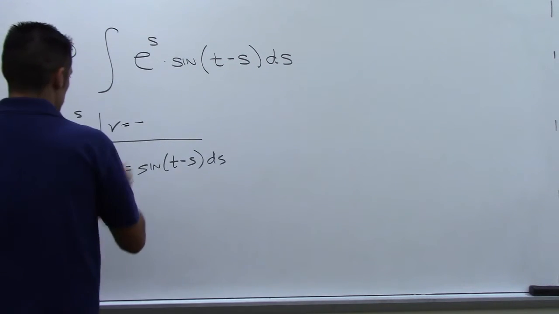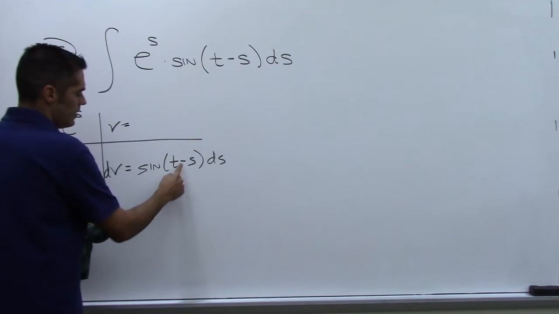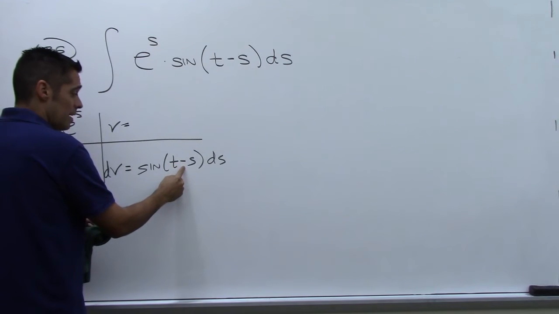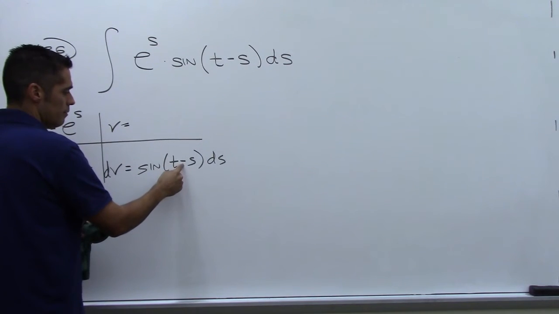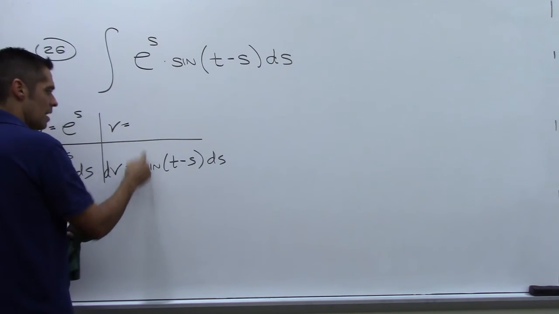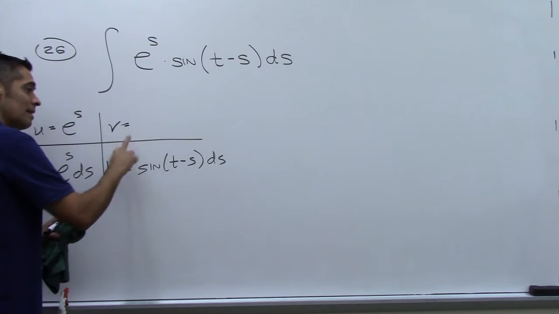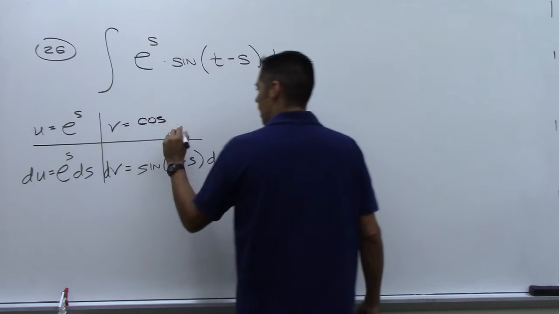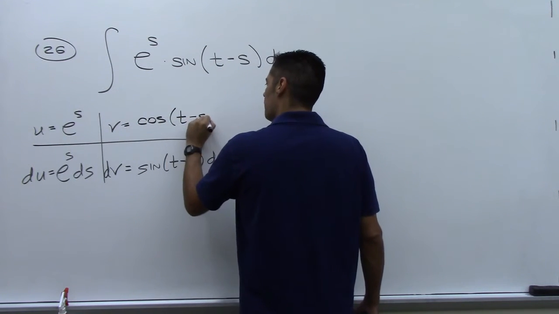You have to be a little careful here because we have a negative 1 in front of the s. So remember, we're going to have to scale by the number in front of s. So we're going to have to scale by negative 1, or 1 over negative 1. But the antiderivative of sine is negative cosine, so the negative and the negative will cancel and become positive. I shouldn't say cancel, but so it'll be this.